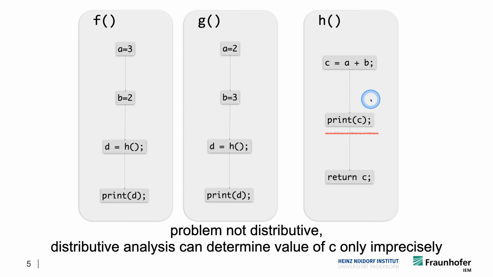And therefore, if you have a distributive framework and you use the general functional approach, then you cannot precisely determine the value of C, because in order to do that, you would need to know the values of A and B, and you would need to be able to compute the plus operation on them, and that is not distributive in this particular setting.